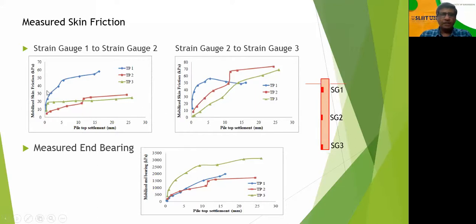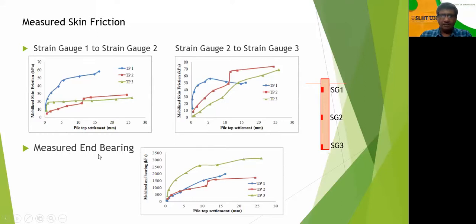So between strain gauge 1 and strain gauge 2, you can see the measured skin friction for test pile 1. Test pile 1 is this one, test pile 2 is this one, and test pile 3 is the green one. Strain gauge 2 and 3, that is the skin friction mobilized here, this is test pile 1, this test pile 2, and this test pile 3, right?